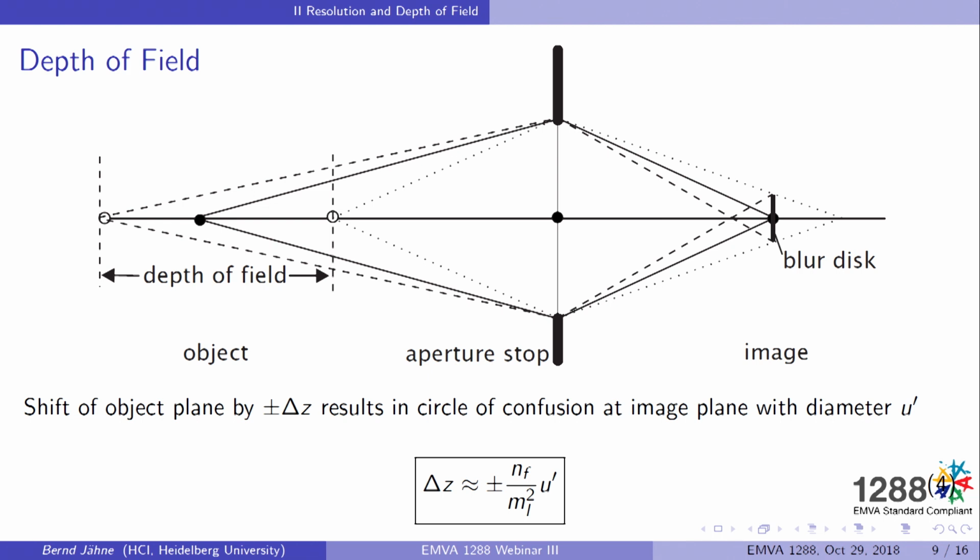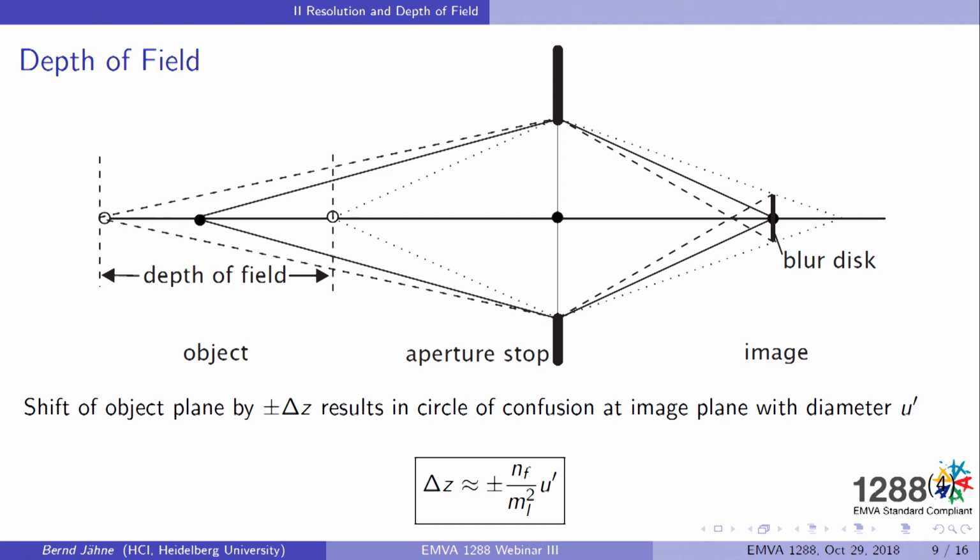Of course, we can afford some blur at the image plane because the pixel itself also has a certain size. So we can simply argue that if the blur disk is about the size of the distance between 2 pixels, we will still see a sharp image.